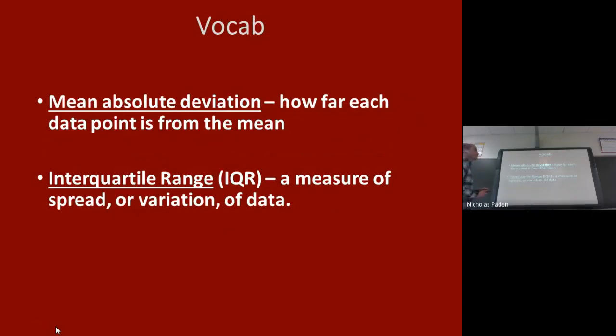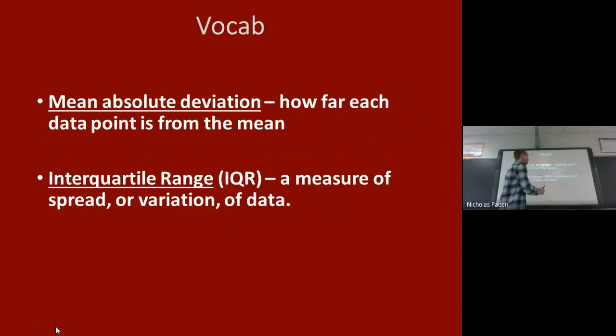The mean absolute deviation. So to deviate means to go away from. So we've got the mean, or the measure of center, add everything up, divide by how many numbers there are. The mean absolute deviation would be how far each data point is from the mean.